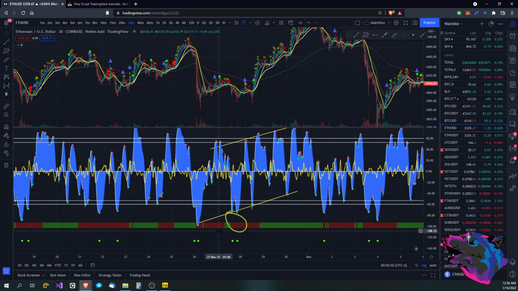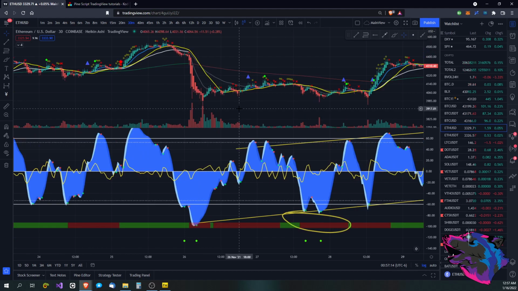And as you can see, when you get one, it doesn't necessarily mean, okay, we're done, fire off a long, we got our green dot. You would have got wrecked. Clearly, obviously, big wreck. But it came in, hit the second one, and even still, let's zoom this a little bit.